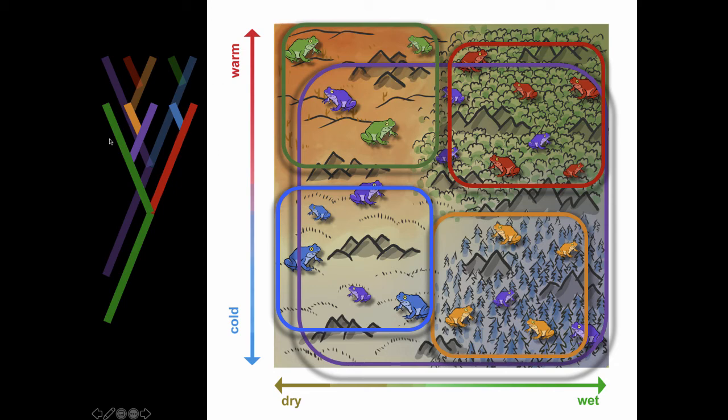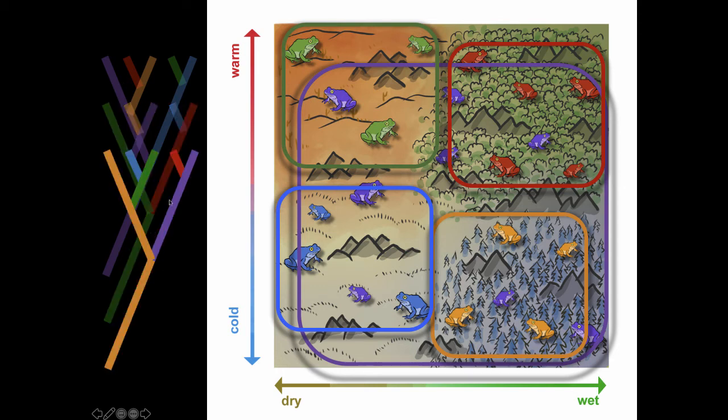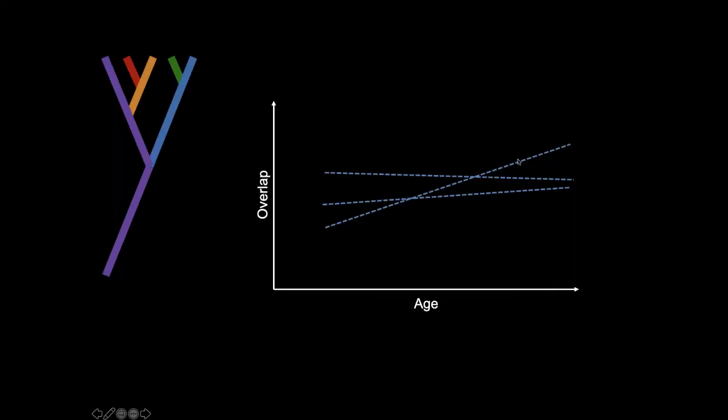So we calculate the average overlaps across this tree, and we get a relationship between clade age and overlap for this randomized tree, and then for this randomized tree, and we just do it over and over again, and we get a series of slopes and intercepts under the null hypothesis that there's no relationship between clade age and range overlap, right? So we're doing something very much like the null hypothesis under linear regression, but that takes into account the correlation induced by the topology of the tree.